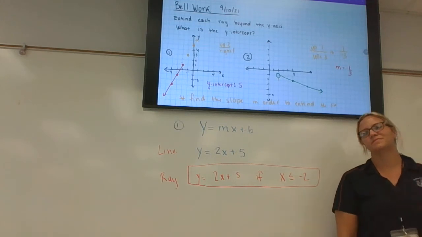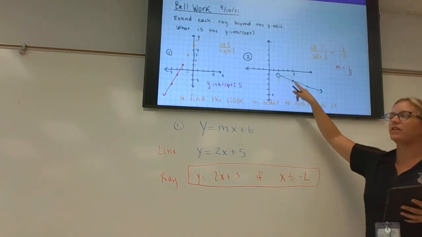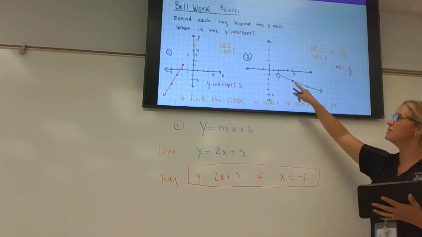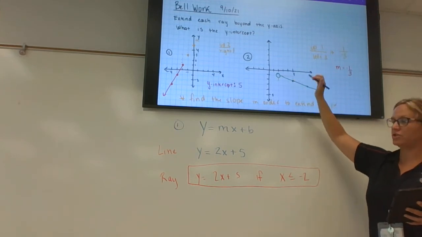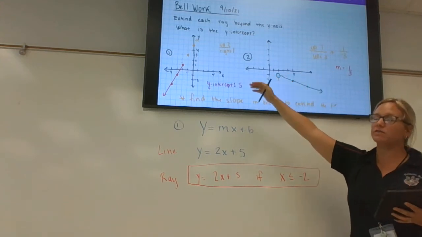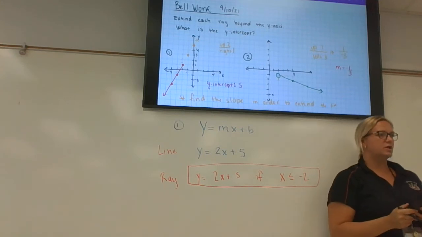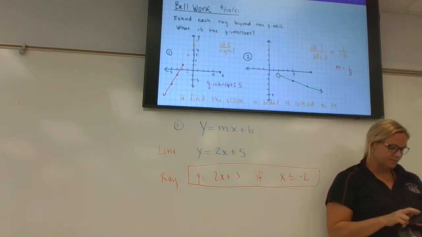If I said that out loud, I would have said down 1, right 3, because I always say right. We talked about that before. Gabby, you're totally fine. Go up, and that's positive 1. If you go left, you're going in the negative direction. Show that as a negative 3. So the slope is negative 1/3.